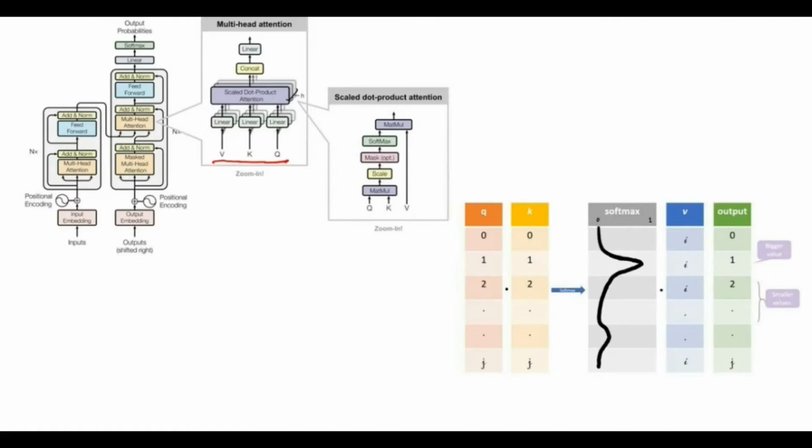So we feed the input to three distinct fully connected layers to create query, key, and value vectors. The query and keys go through a dot product matrix multiplication to produce a score index. As you can see, these will be multiplied and a score value will be created.